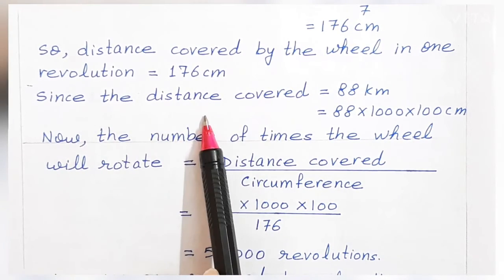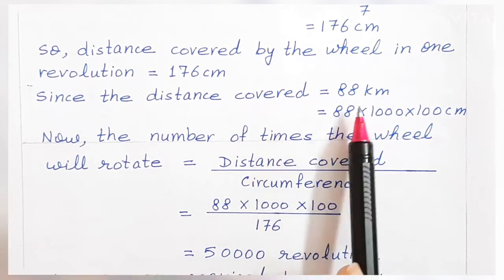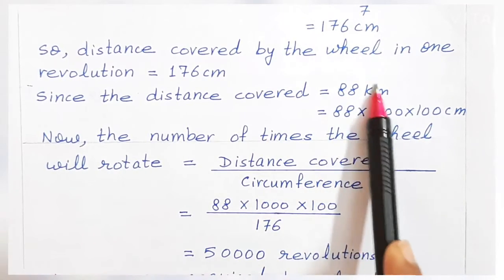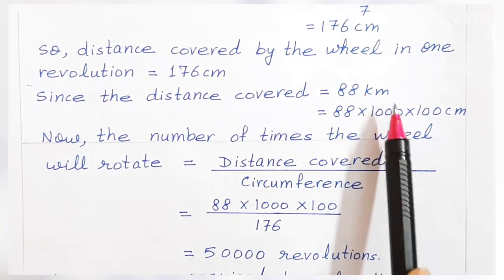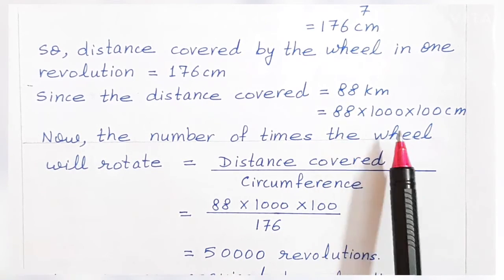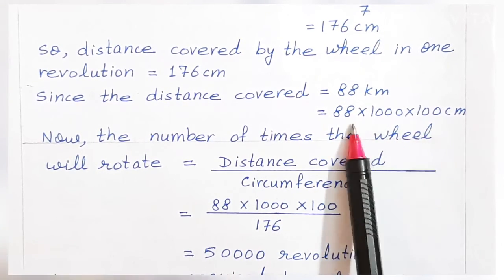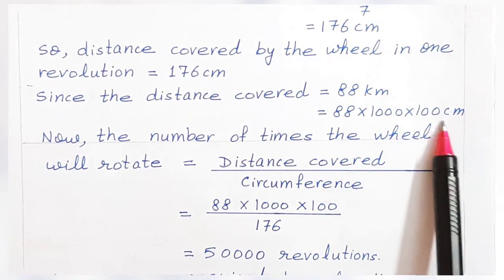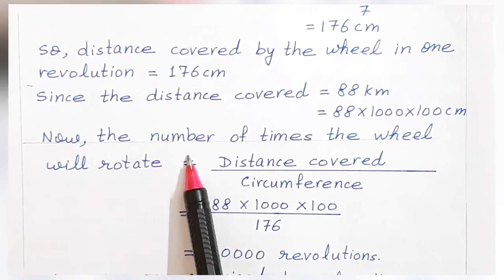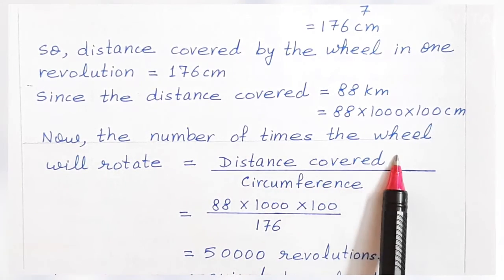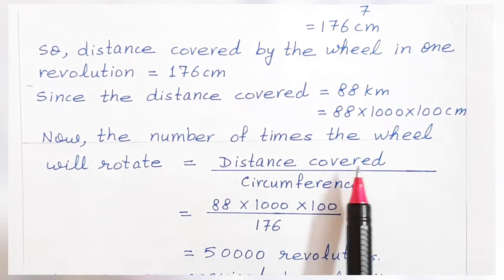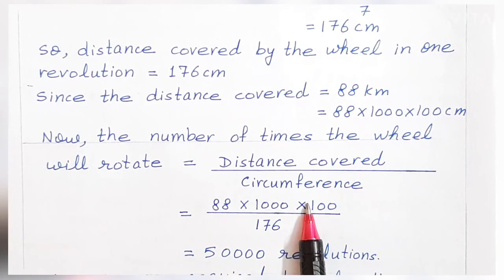Since the distance covered is 88 kilometer, which is already given in the question, let us convert it into centimeter. So that is 88 into 1000 into 100, which is in centimeter now. Now students, the number of times the wheel will rotate is equal to distance covered upon circumference.